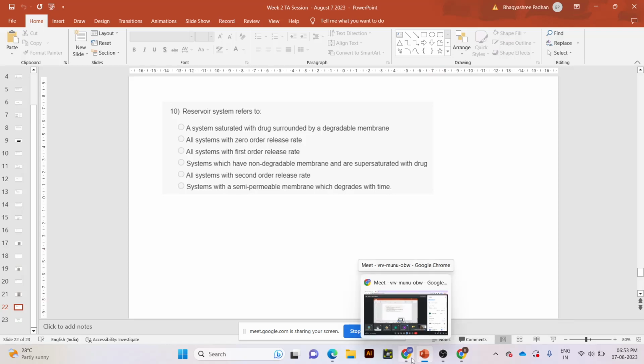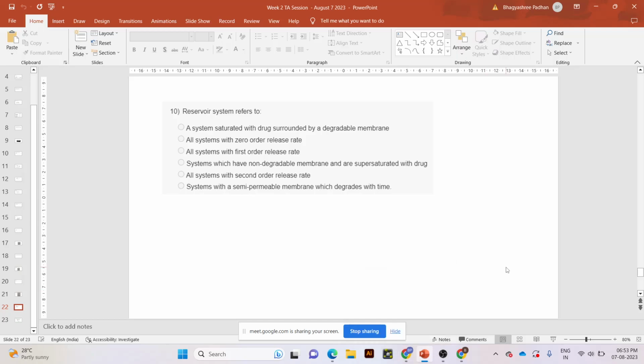Madam, is this supersaturated and non-degradable? Supersaturated, non-degradable. Okay, you're saying the fourth option: systems which have non-degradable membrane and are supersaturated. Is that the answer? Okay, we'll wait. Option 1, a system with drug surrounded by a degradable membrane. Okay.